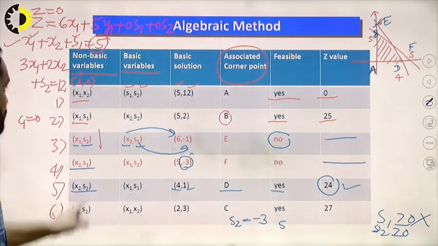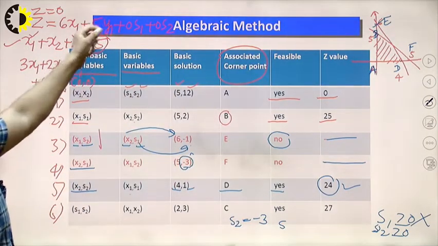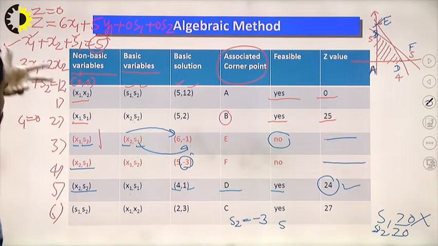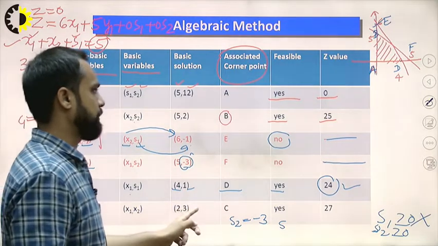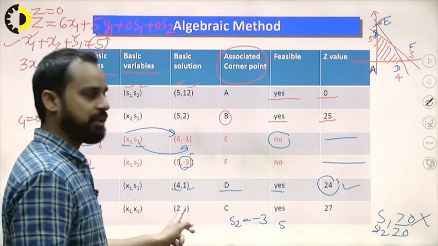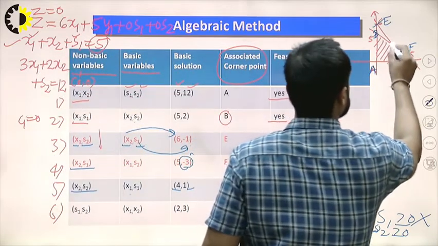Again, if I am putting S1 and S2 equal to 0 in this equation, and by solving these two equations I am getting the coordinate 2 and 3. X1 and X2 will be 2 and 3, and that point is representing the C point on the curve.